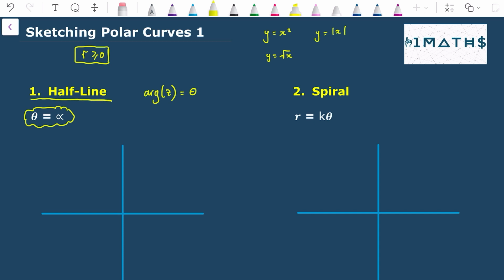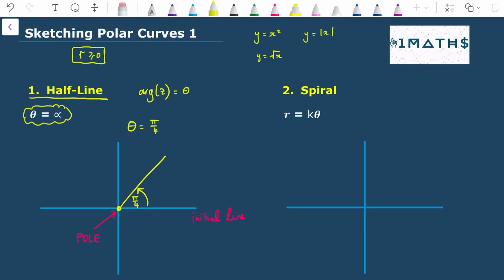If theta is equal to a fixed value of alpha, so for example, let's look at theta equals pi by 4, well then I'm going to start here always at what we call the pole. And this is my initial line, as I mentioned in the previous video, and I'm measuring anti-clockwise. So I'm measuring pi by 4 anti-clockwise, and this is going to be my half line. And you just measure that there, and this is quite a simple one.